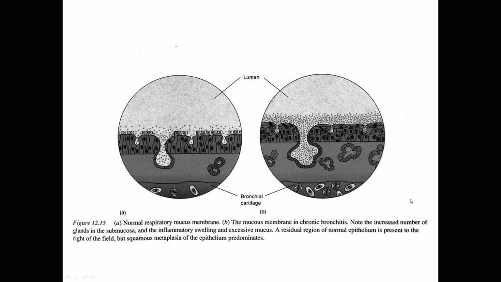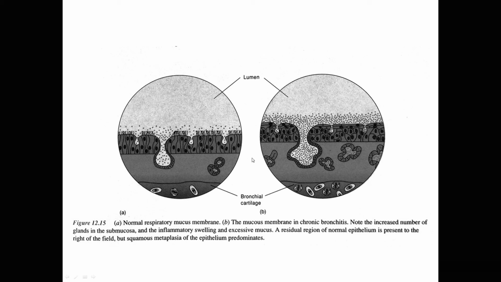The chronic bronchitis is defined by a clinical history of productive cough during at least 3 months per year and in 2 consecutive years. It is usually combined with cigarette smoking, causing inflammation of the airways, mucosal thickening, and mucus hypersecretion. This is here a picture illustrating the normal respiratory mucus membrane and the change in chronic bronchitis.